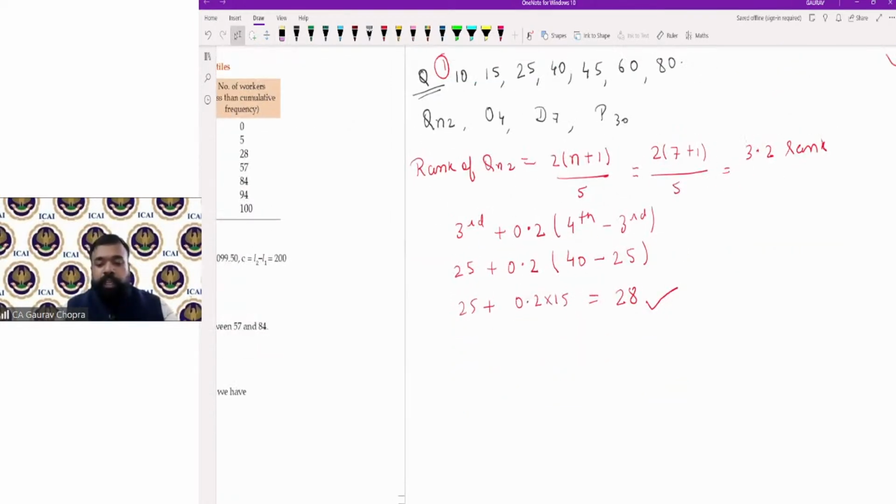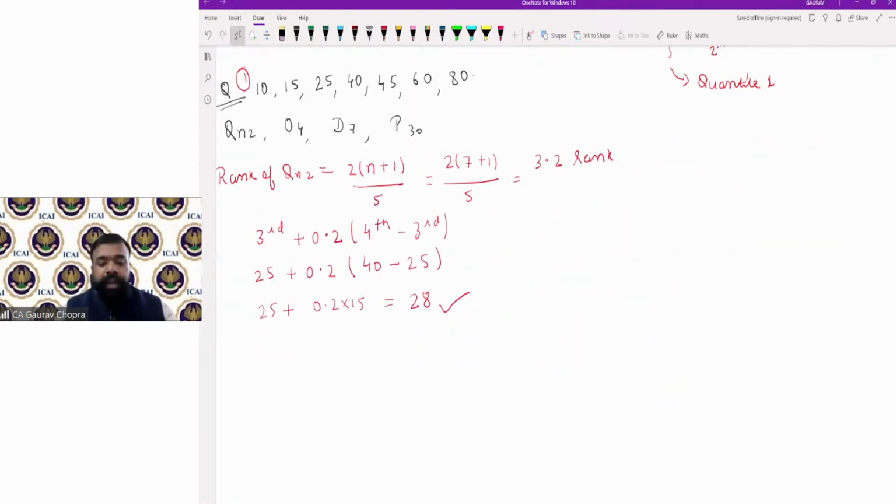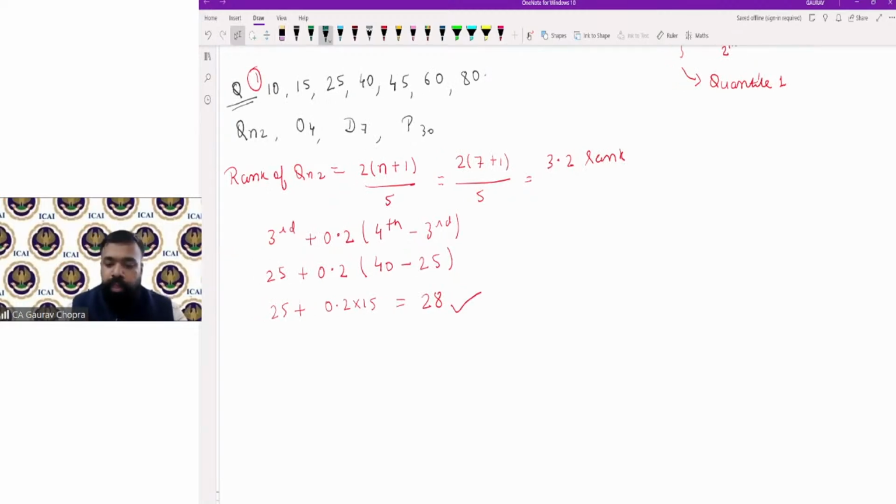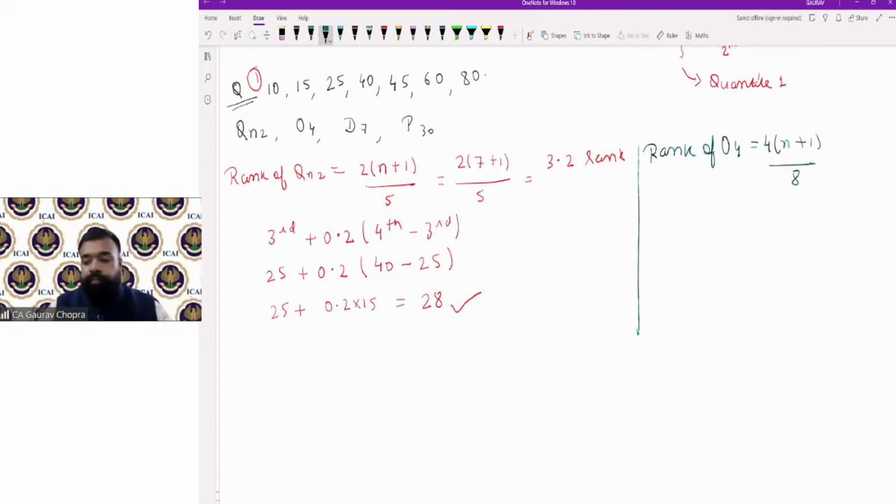Now, what is the next requirement of the question? It says find O4. So you can calculate O4 as well. Rank of O4 is 4 into n plus 1 by 8. So 4 into 7 plus 1 by 8. What is the rank?